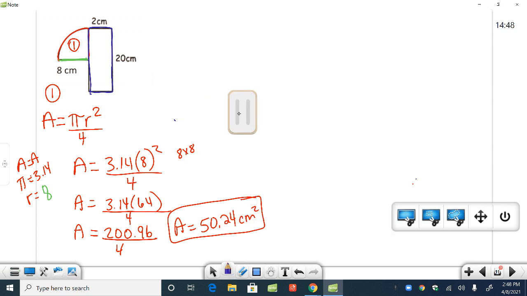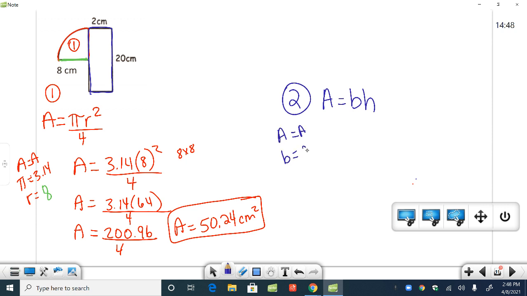And shape number 2, I'm going to need to move it. Shape number 2 is base times height. The base is 2 or 20, it doesn't matter, because you're just multiplying those numbers. So 2 times 20, that gives you 40.